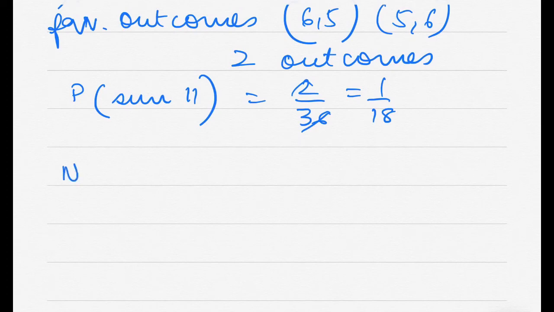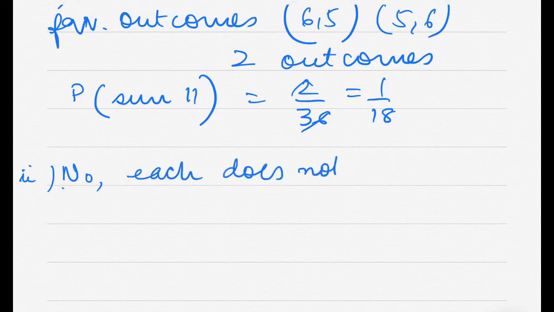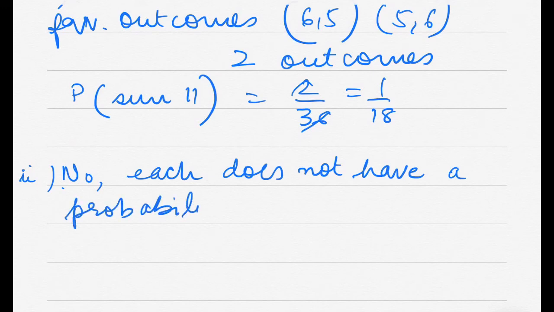So I can say no for the second part, right? Each does not have a probability of 1 by 11, as we can see from the table, right?